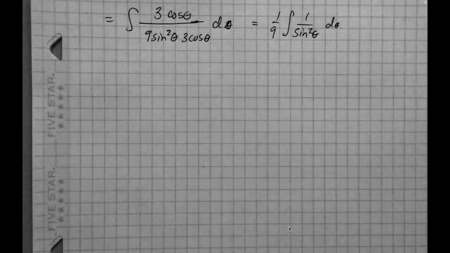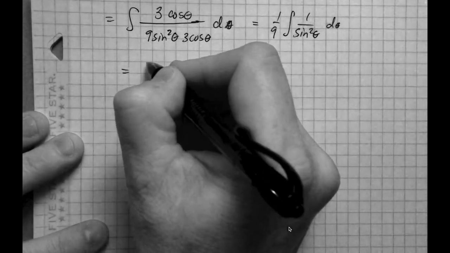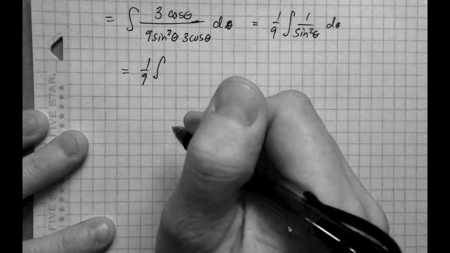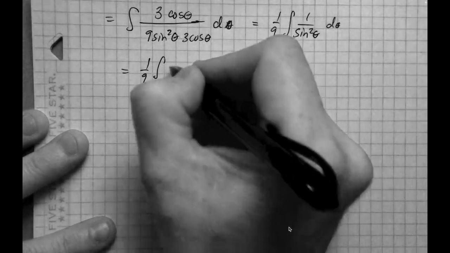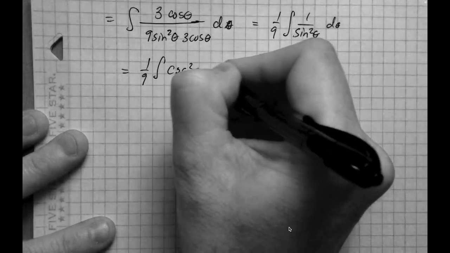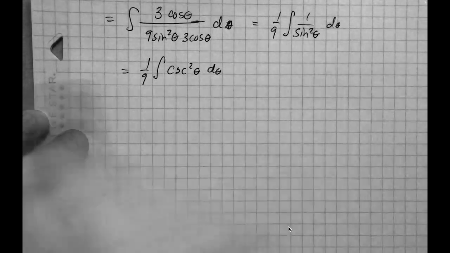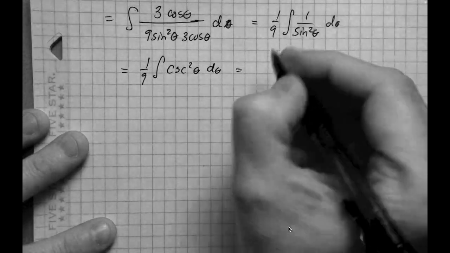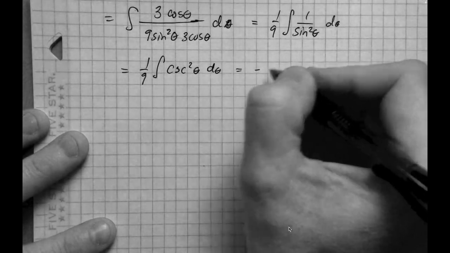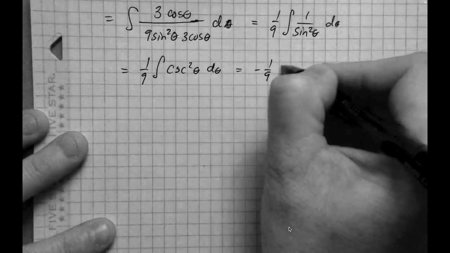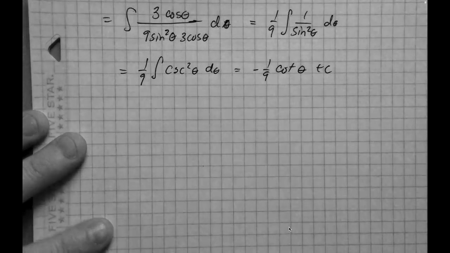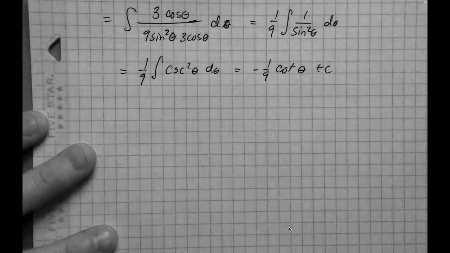And this is just equal to 1/9 times the integral of cosecant squared theta. And that one we can just plug in. We get negative 1/9 cotangent of theta plus c. So we can kind of reference that one.